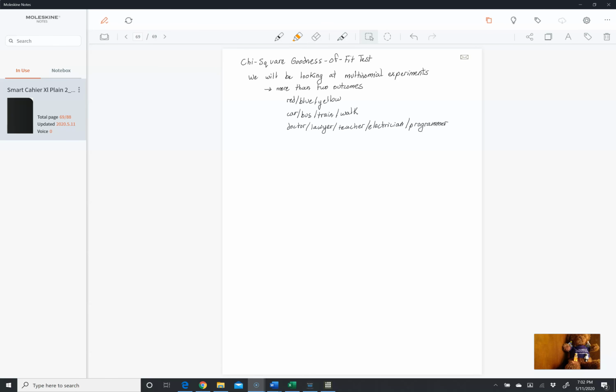Okay, so we have our hypothesis, and then we have what happens in the sample, and we're saying, is the sample a good prediction? Is it the same as the hypothesis? Okay, and this is typical. This is what we've done. We're saying, is what happens in the population the same as what happens in the sample? Okay, that's what we've been doing with all of these hypothesis tests.